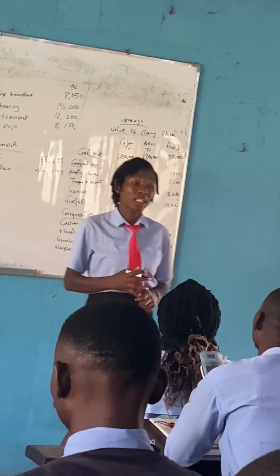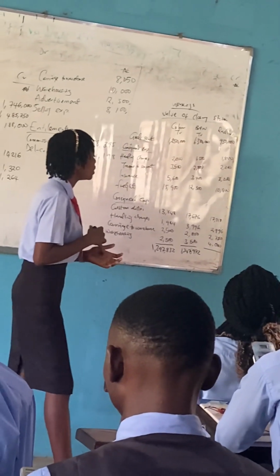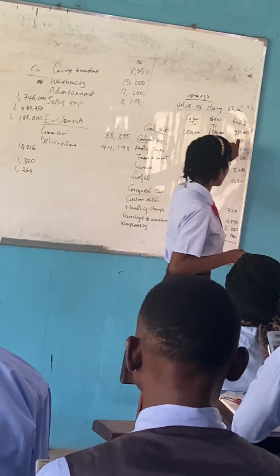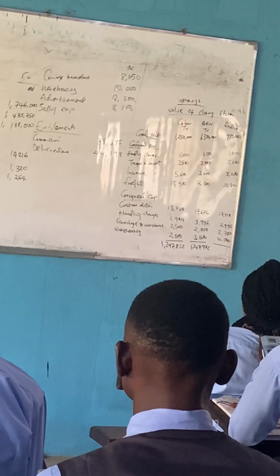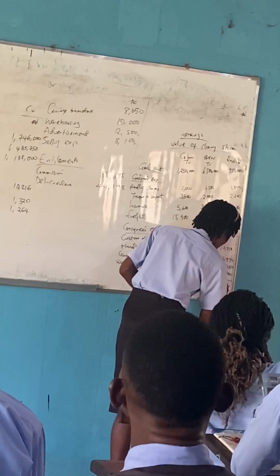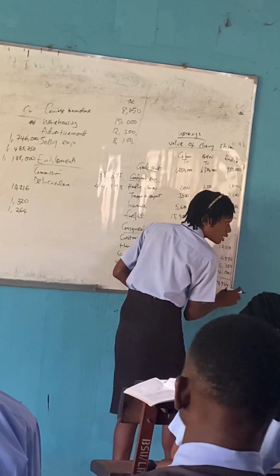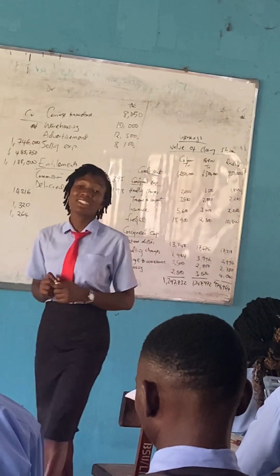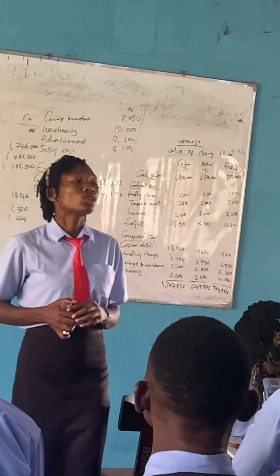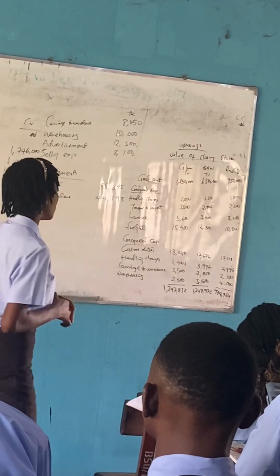So for the last one now, add from the 930, 974,000. This is our total value for the unsold goods, right?